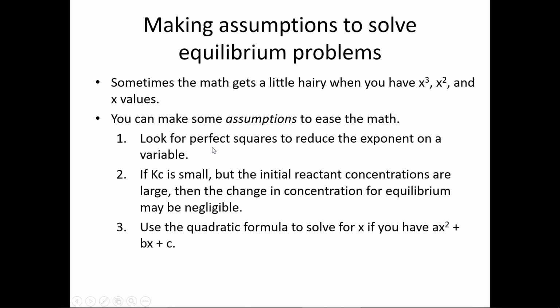If we can get rid of the x squared function and just have x, it's going to make it easier to solve. The second assumption is looking at the value of K. If our equilibrium expression value is very, very small, we're not going to be making a lot of product, and we might be able to ignore parts of our expression. And then, of course, our third option is using the quadratic formula to find x.